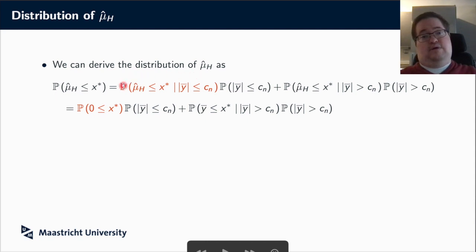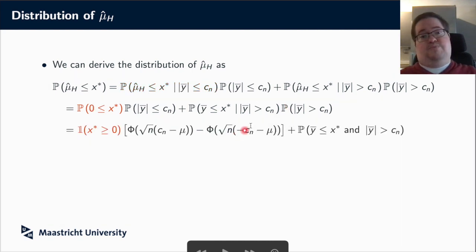Now that's exactly what we do next, using that information. First of all, given that we conditioned on y bar being smaller than Cn, it means that we're going to set mu hat equal to 0 there. So we can just replace mu hat by 0, and this then becomes an unconditional probability. Now we do the same thing on the right hand side, but there we replace mu hat by y bar.